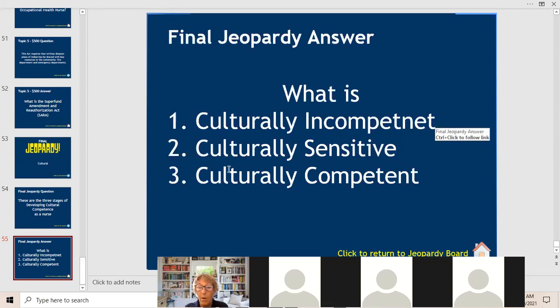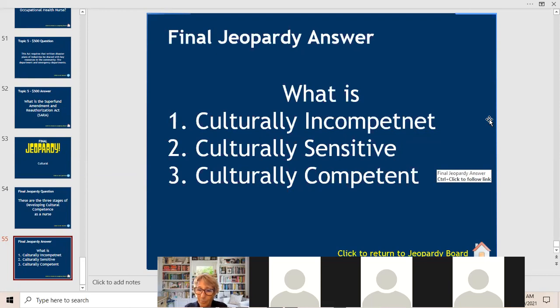But through all the activities that are suggested of how to become competent, aware, participatory in their culture, actively learning about it, I spent several months becoming culturally sensitive to their culture. And by the end of the year, I felt like I was culturally competent with this group.